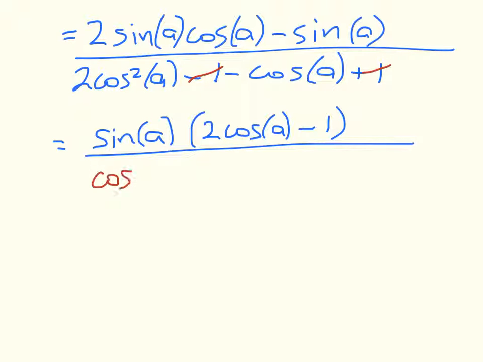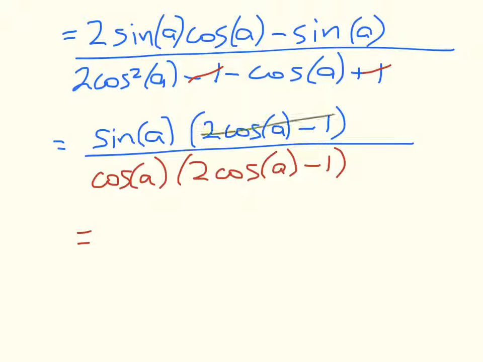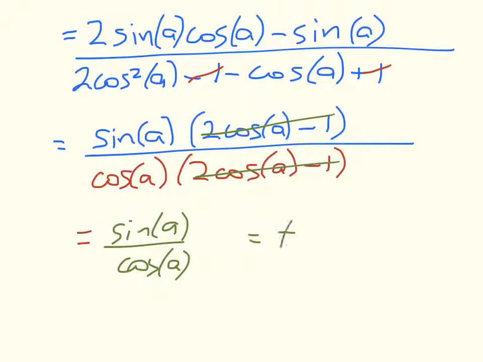I've got cos of a times 2 cos of a minus 1. Okay, so if I divide numerator and denominator by the common factor, whoosh, I'm left with sine of a over cos of a, which is tan of a, as required. So we're done.